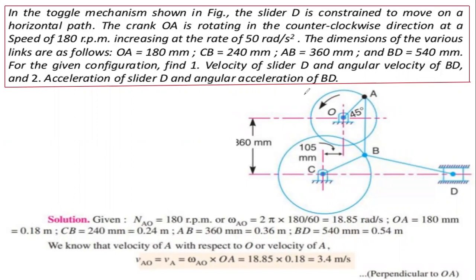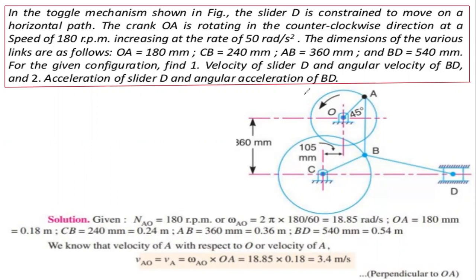OA is equal to 180 mm, CB is equal to 240 mm, AB is equal to 360 mm, and BD is equal to 540 mm. So these are the different lengths of the different links.